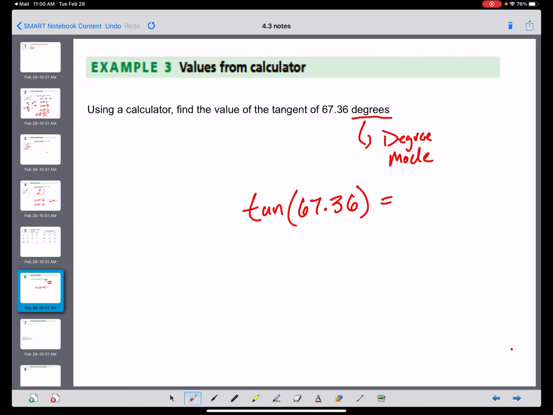So I'm going to give them back the same, 2.398. All right, and that would be the tangent of 67.36 degrees. So it's pretty straightforward.